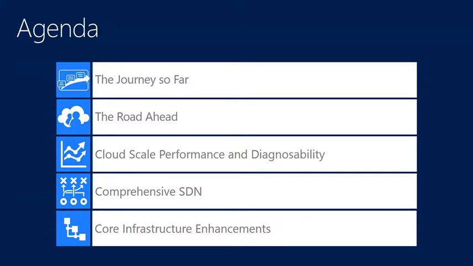There's probably a lot of stuff that you're not using in Server 2012 at this point in time that you haven't even had a chance to get to yet, and we're already at the R2 wave. And I'll talk about where we're going with Server 2012 R2, particularly those three areas: cloud scale, performance and diagnosability. Also the comprehensive software-defined networking that we have built into the platform and some of the core infrastructure enhancements that we've made to this.